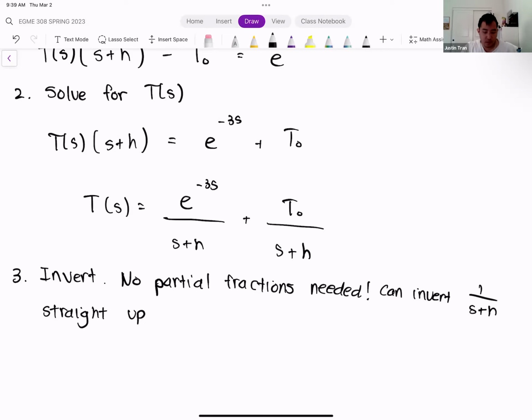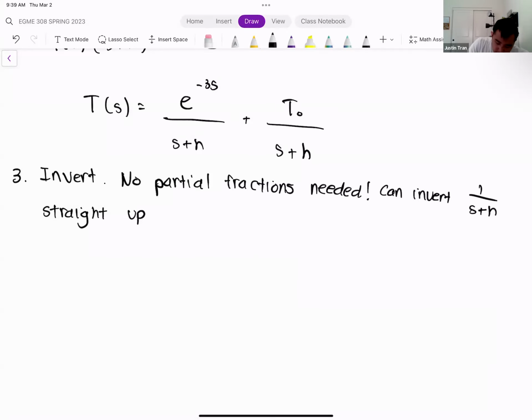So let's do that. We have the Laplace inverse of 1 over s plus h. I'm doing this once separately because both of our terms have basically the same base function. Remember, the first term has e to the minus 3s, but the result of that is just going to be a t shift. The Laplace inverse of this is e to the minus ht.